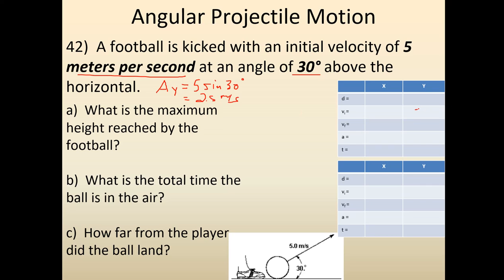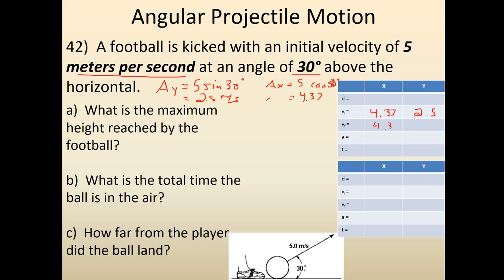So I'm going to put that number here in the Y column. Then I also can do AX is 5 cosine 30. And I get that this is going to be 4.37 meters per second. And that's going to go here, 4.37.